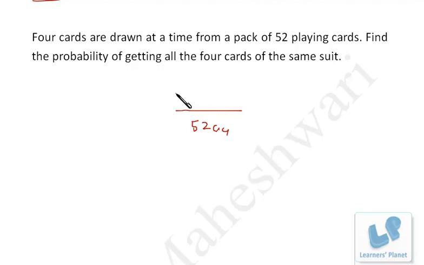That means we are having 4 suits, that's diamond, hearts, clubs and spades. Now each suit is having 13 cards. So what we want, all the 4 should be of spade, or all the 4 should be of clubs, all the 4 should be of diamonds, or all the 4 should be of hearts, right?